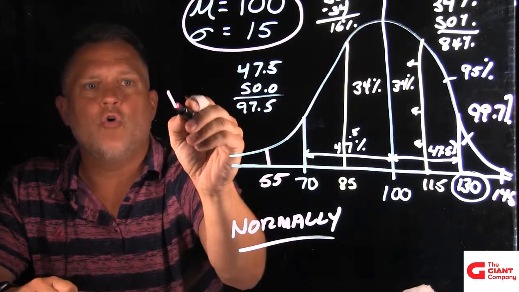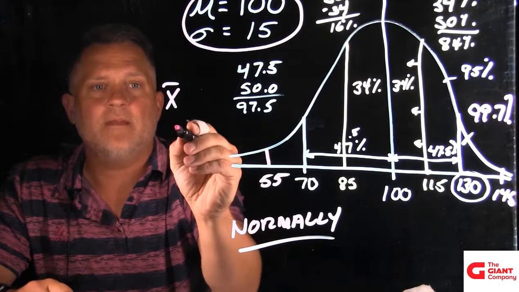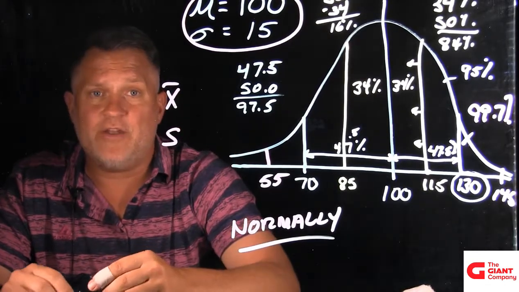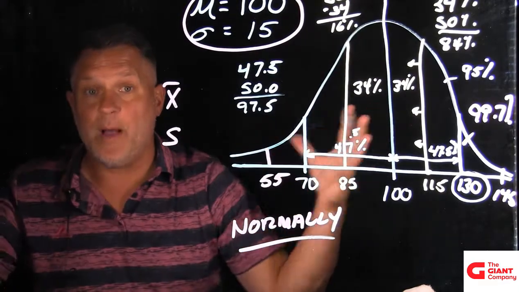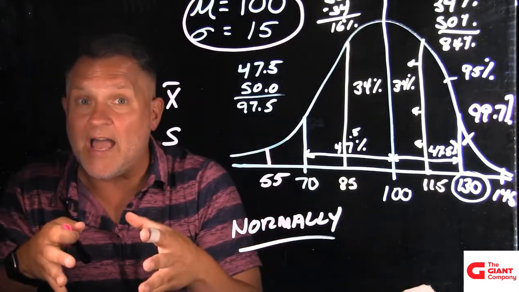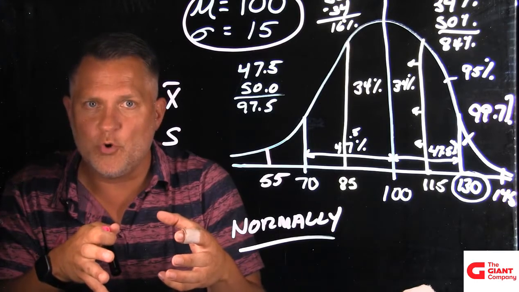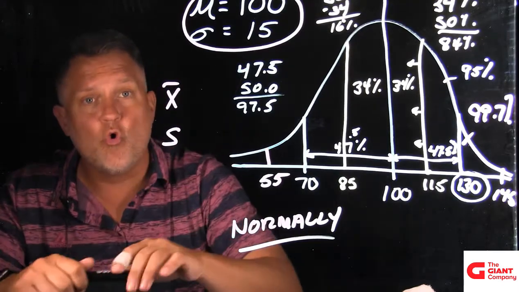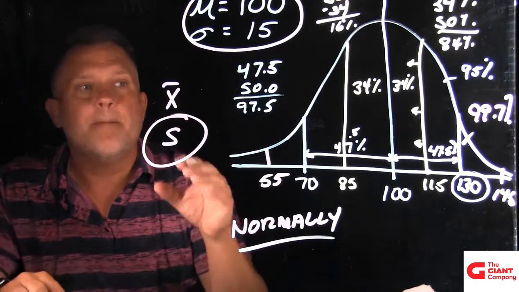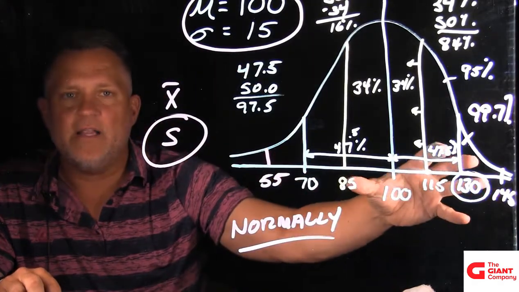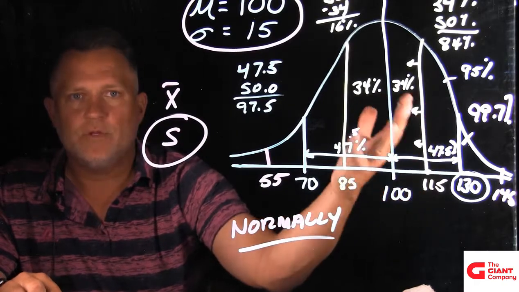It holds true for the sample mean and the sample standard deviation. The shape of the curve is a little different because we're not dealing with a population, we're dealing with a sample size. We learned that the formula is a little different for the sample standard deviation, but everything that it's telling us is going to be the same.